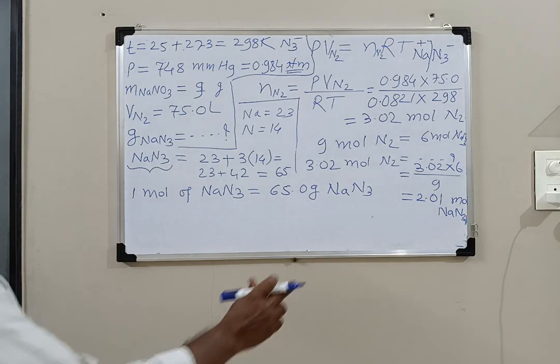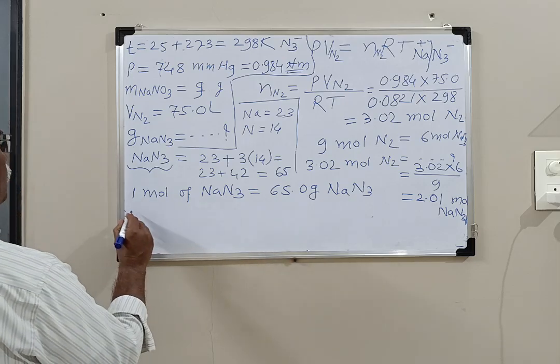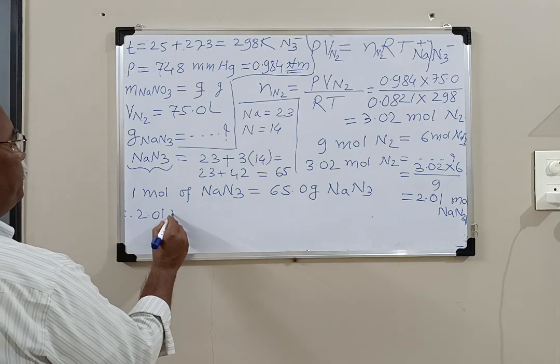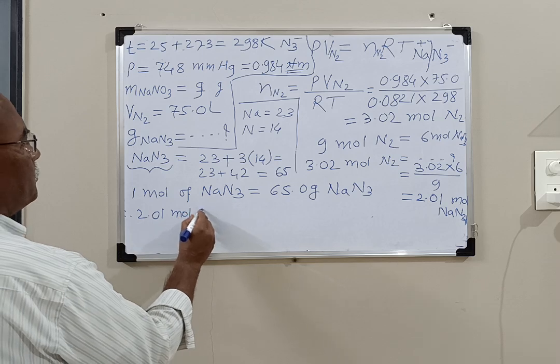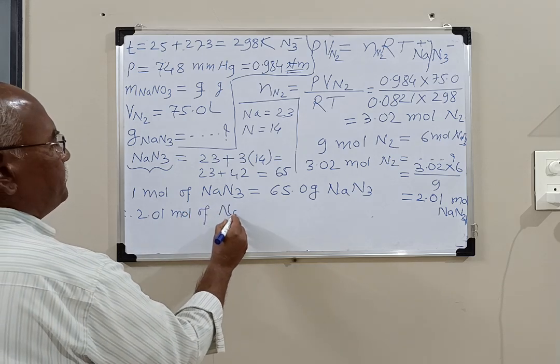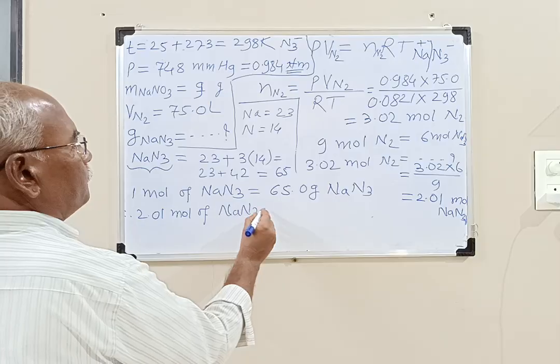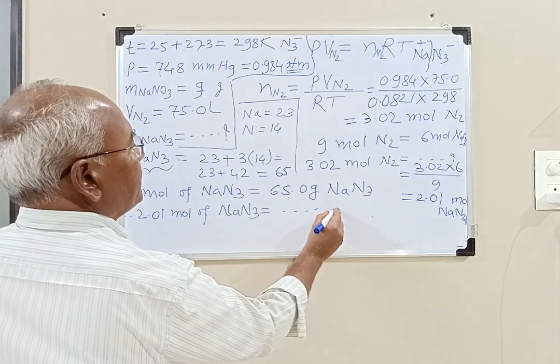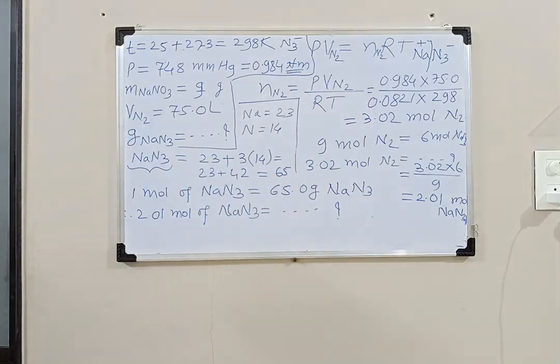Therefore, 2.01 mole of sodium azide will give how much gram of sodium azide?